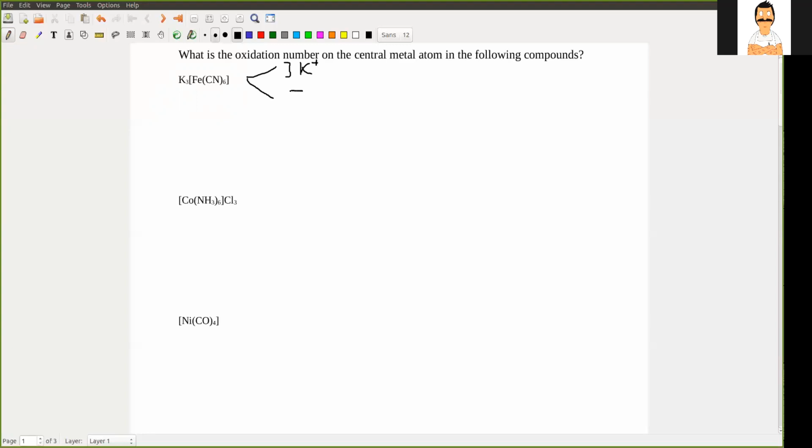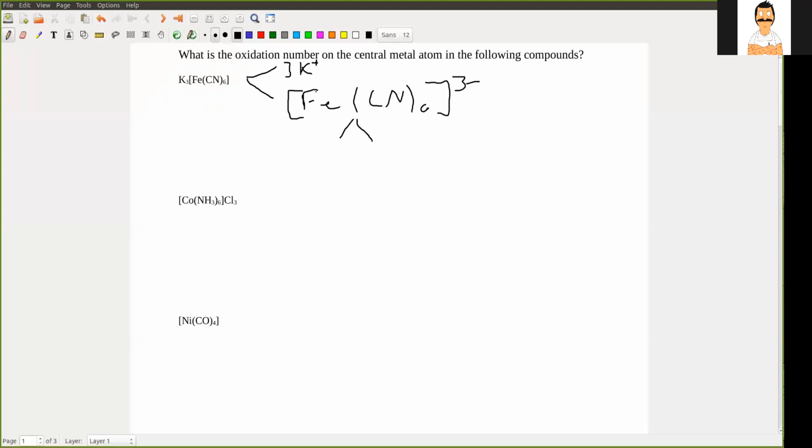And the coordination compound is therefore our anion, and it has to have a -3 charge, because the overall complex is neutral. So with 3 potassiums at +1 apiece, you have to have a -3 overall for our iron and 6 cyanides.